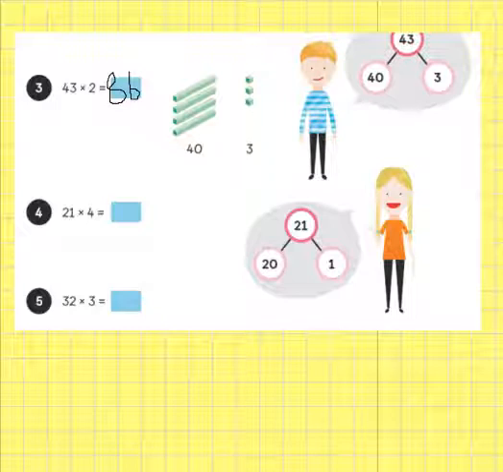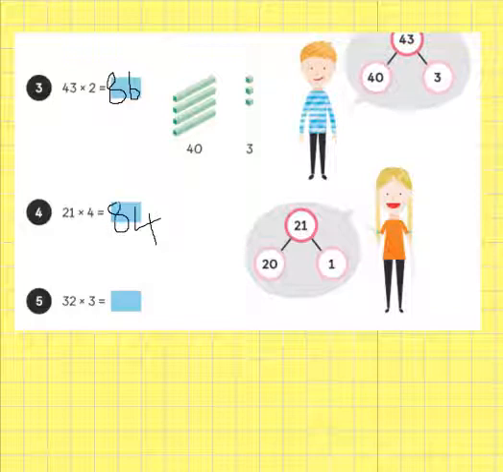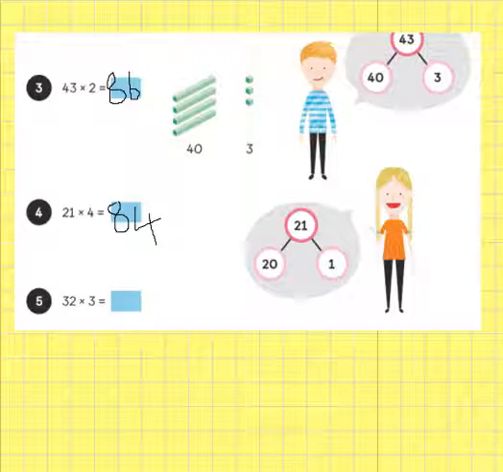So if we have a look at this one, 21 multiplied by 4, 1 multiplied by 4 is 4, and then 20 multiplied by 4 is 80, but I'm not going to write 80 because I already know that 80 add my 4 is 84, so that's my answer for that one.